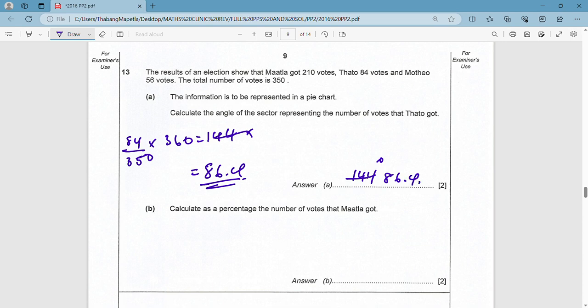Remember that earlier we rolled it out. So next I will calculate as a percentage the number of voters that Matla got.